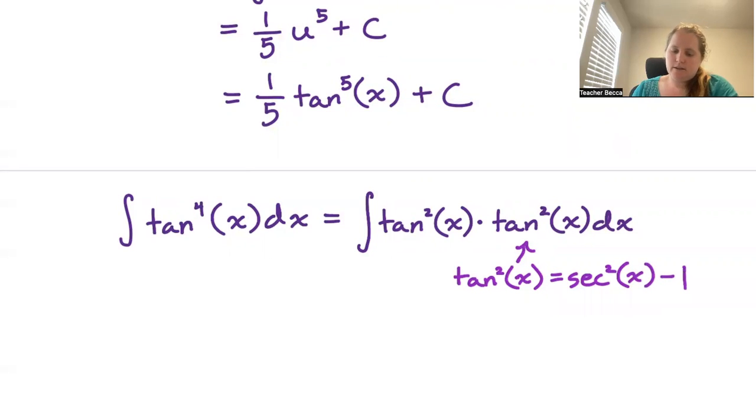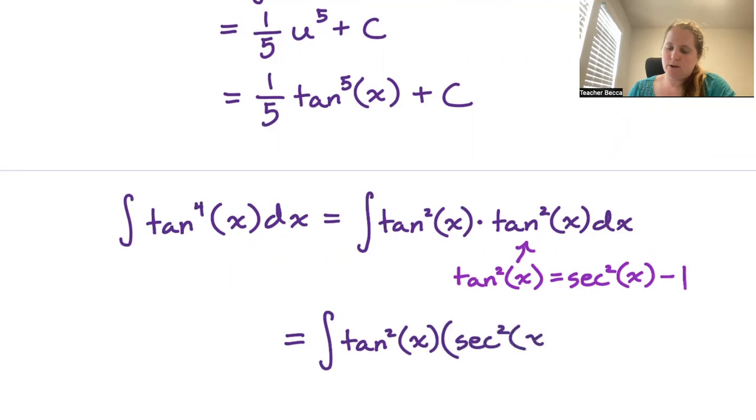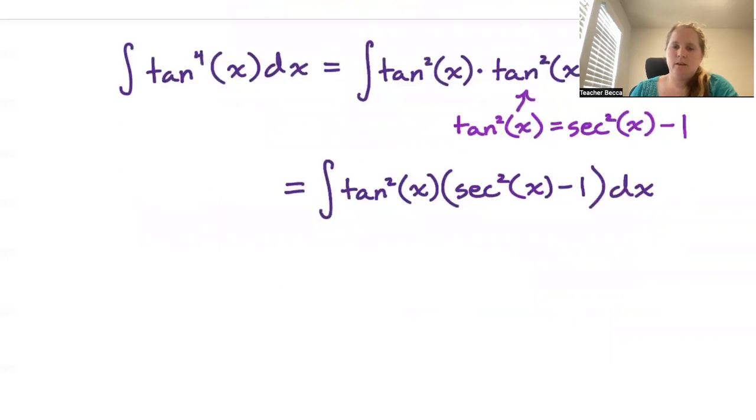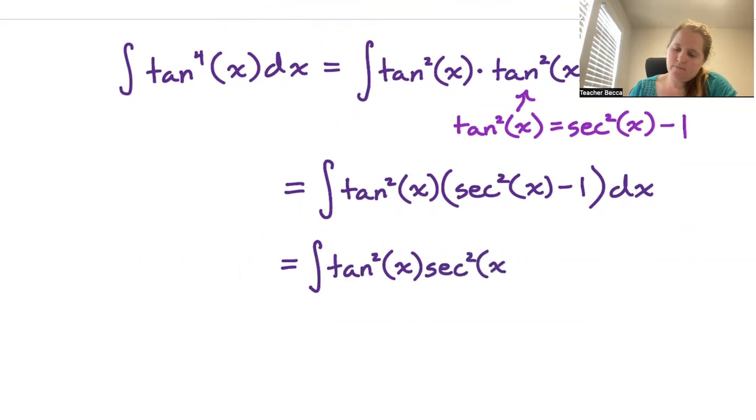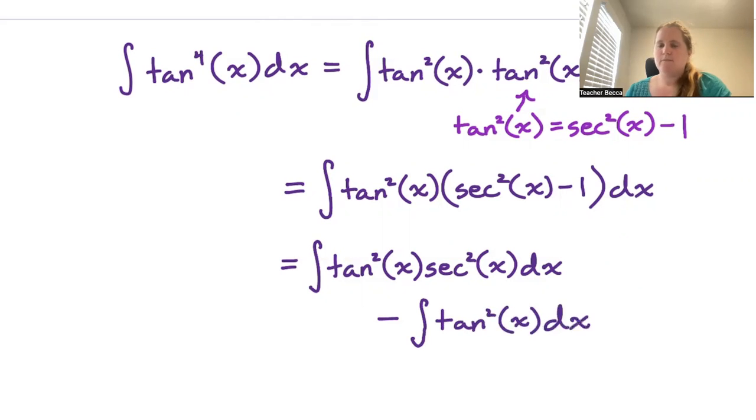So this integral of tangent to the fourth of x dx is equal to the integral of tangent squared of x times secant squared of x minus 1 dx. So we have the integral of tangent squared of x secant squared of x dx minus the integral of tangent squared of x dx.